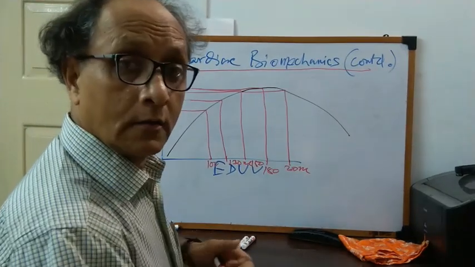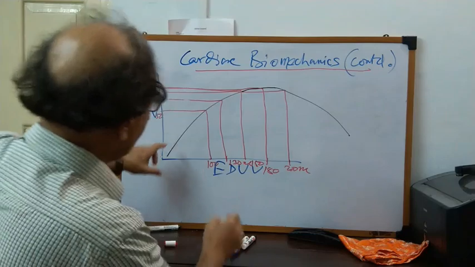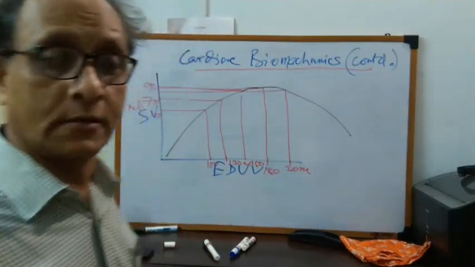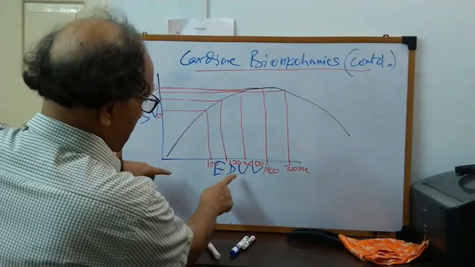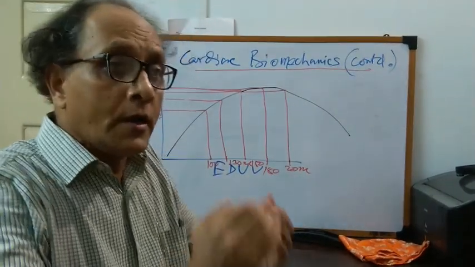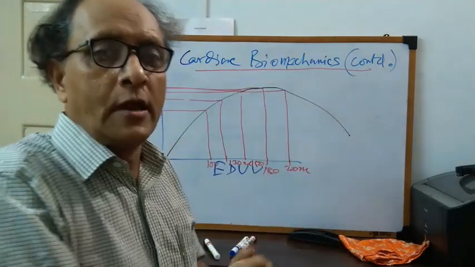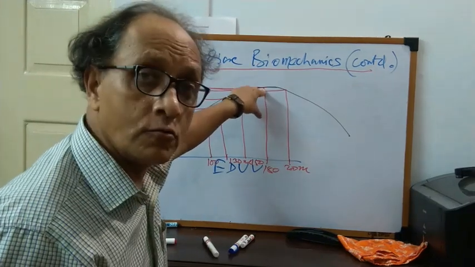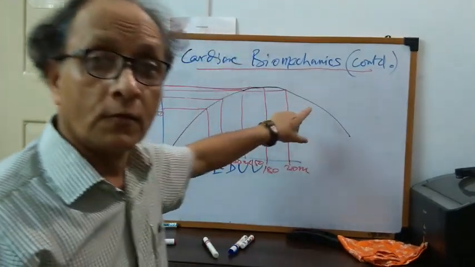See what is the issue? As long as it is within the ascending limb, that is physiological limit. Within physiological limit, increase and decrease in end diastolic volume will lead to respective increase and decrease of the stroke volume. But if it is operating in the plateau or in the descending limb, what will happen?